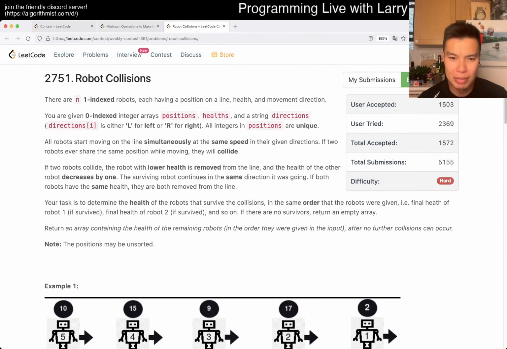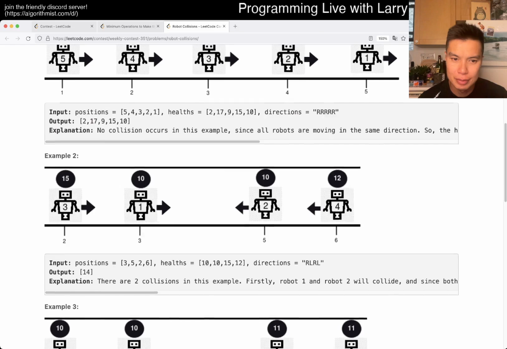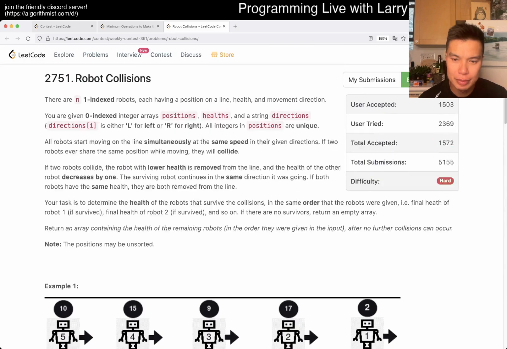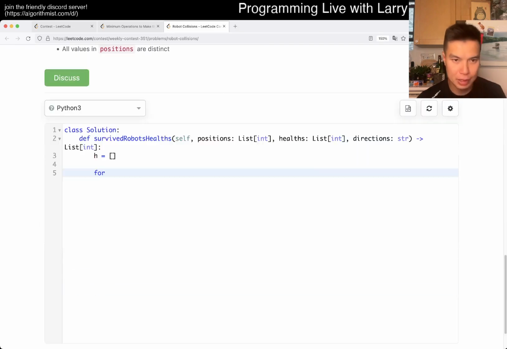In order they were given in the input, not the positions. I mean, that's just more tracking, but that's fine. It's just more implementation silliness. Okay.